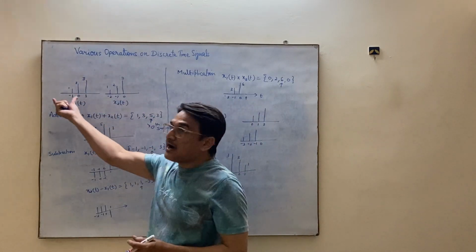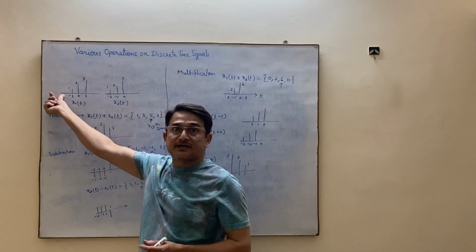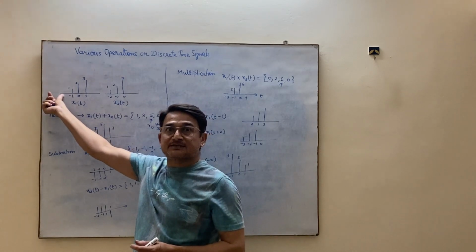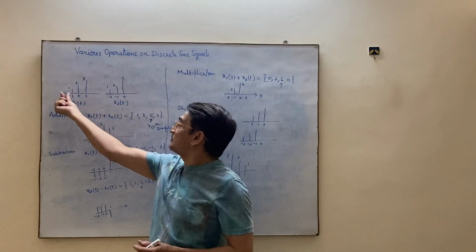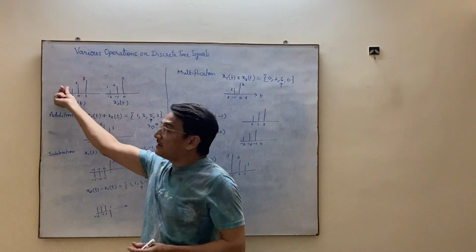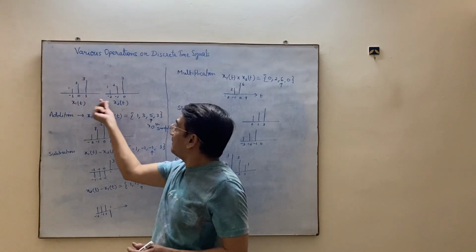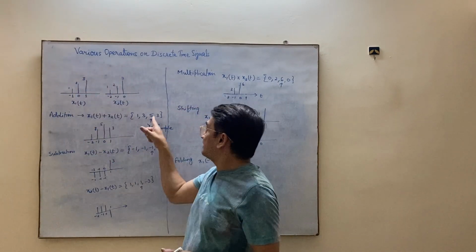So when you add these two signals, at t equal to -2 the value is 0, and the other value is 1. So 0 plus 1 will be 1. Then at -1, one signal gives amplitude 1 and the other gives amplitude 2. So 1 plus 2 is 3.